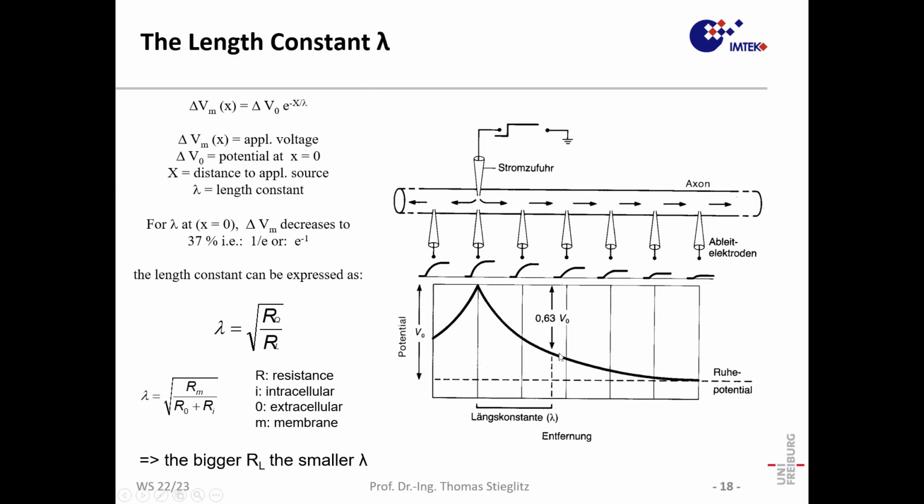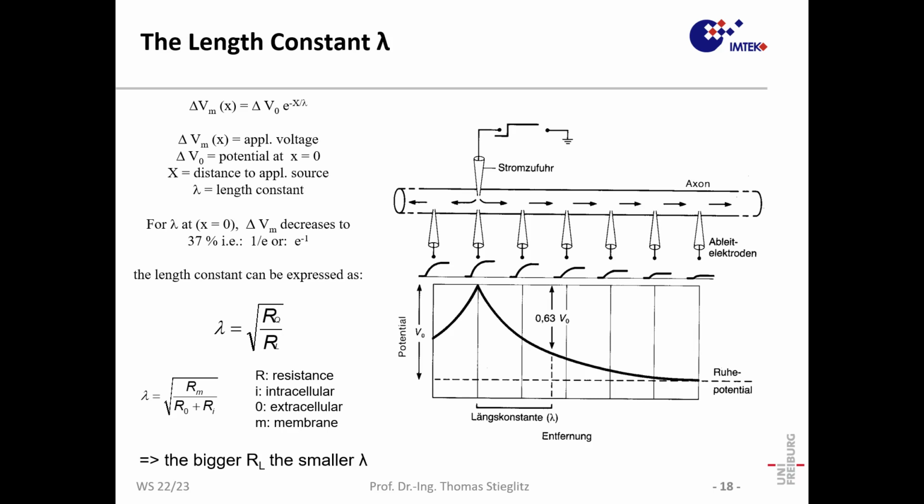And this is then called the length constant, and the length constant describes at which distance the magnitude is 1 over e. That means 63% of the maximum value that we have. And you can calculate that and find out that this depends on the extracellular resistance, the intracellular resistance, and the membrane resistance.